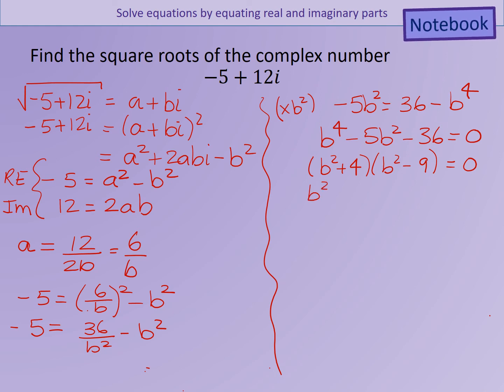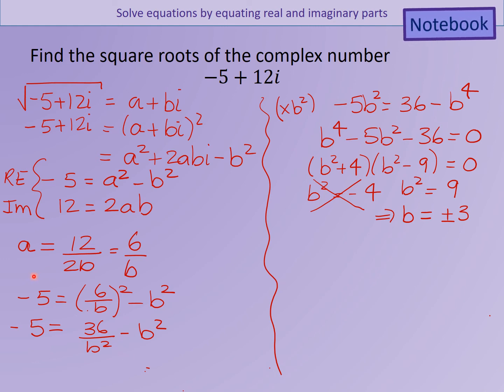And this leads us to b squared being equal to minus 4 and b squared being equal to 9. Again, we cannot solve this because a and b are defined to be real, and here b would lead to a complex number. So continuing to solve for b squared gives us b equal to plus or minus 3.